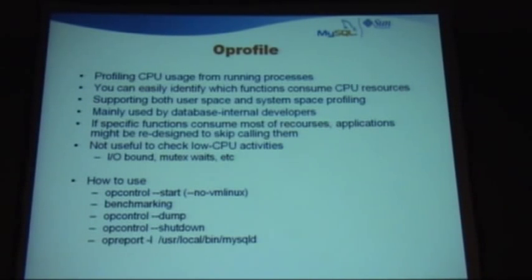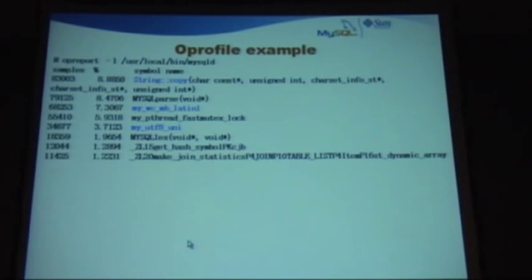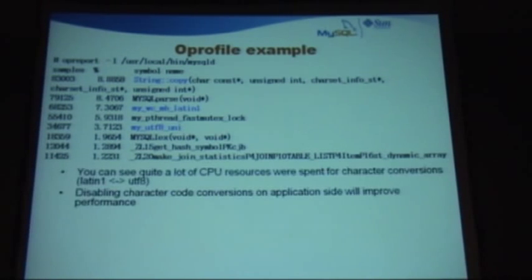We can use it very easily: opcontrol start, benchmarking, opcontrol dump, opcontrol shutdown, then opreport. This is an example. When I tested, the top CPU consuming function was a string copy, and my_wc_mb_latin1 and my_utf8 functions were shown at the top of the list. So you can see quite a lot of CPU resources were spent on character conversions, in this case Latin 1 to UTF-8.